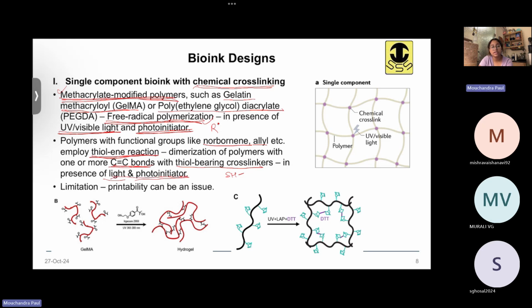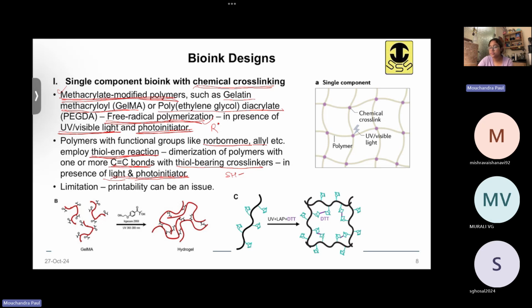If these two things are there, the photoinitiator will go and attack these thiol-bearing crosslinkers, and these thiol-bearing crosslinkers will go and attack the carbon-carbon double bond that is there in these norbornene and allyl groups. Okay, and thus covalently crosslink the polymer chains with each other and create a permanent type of network, hydrogel network.